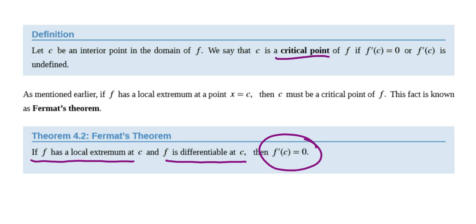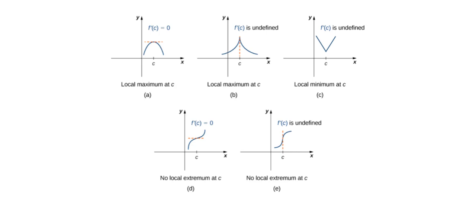If there's a max or a min and the derivative exists there, then the derivative is 0 there. And that's a key. There is a proof of that. It is in your text. It is worth reading. It is not always true that because the derivative is 0, there is a max or a min. This is a case where the derivative is 0, but there is no local extremum there.